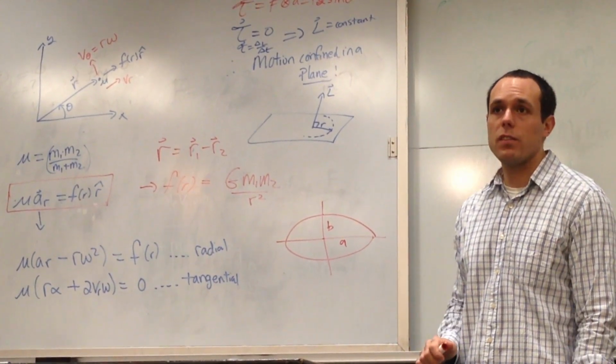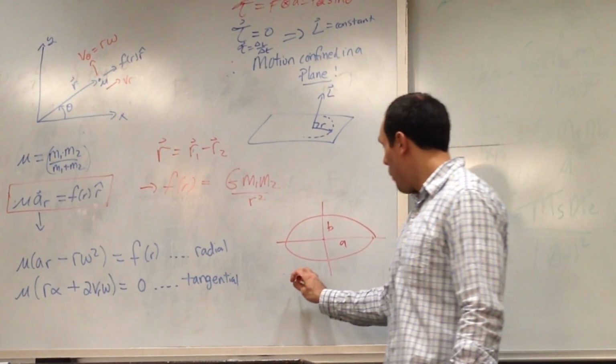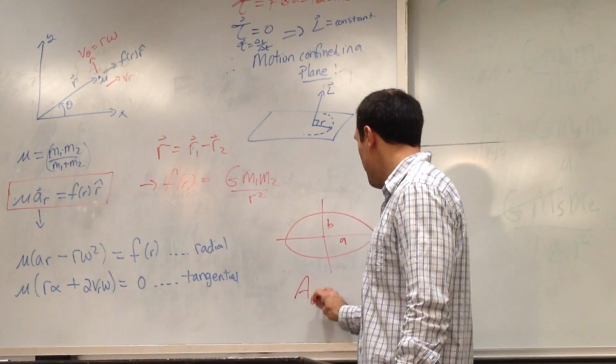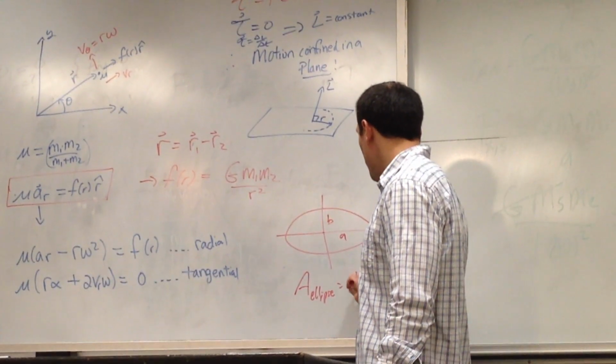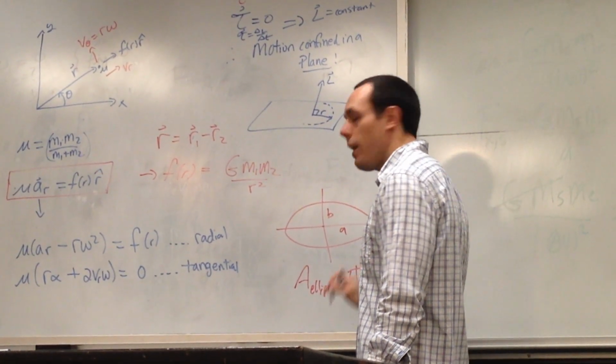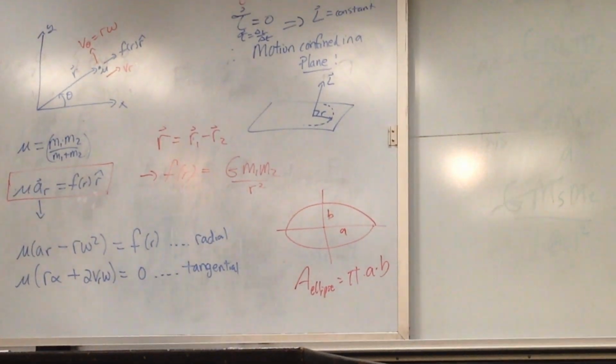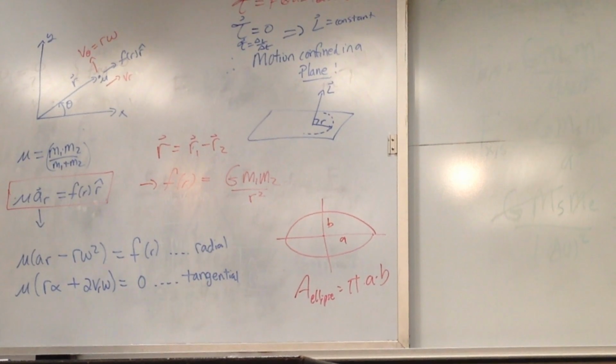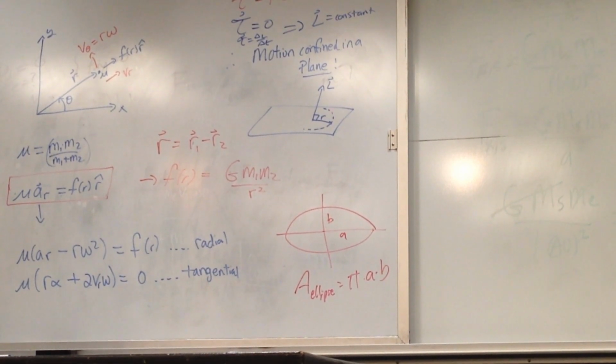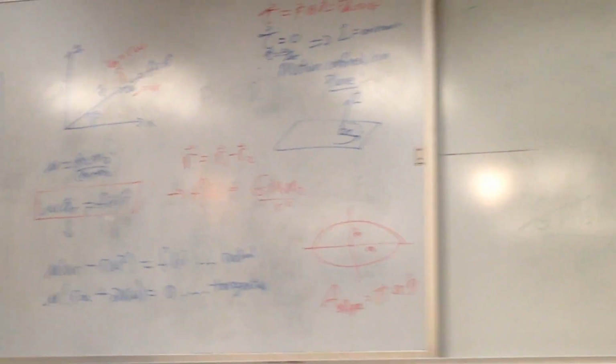And this is the general shape of an ellipse, where the area of an ellipse is pi times a times b. Remember, if it was a circle, then a and b are the same, r, and the area of the circle is pi r squared. So Kepler's first law said that all planetary orbits are ellipses.